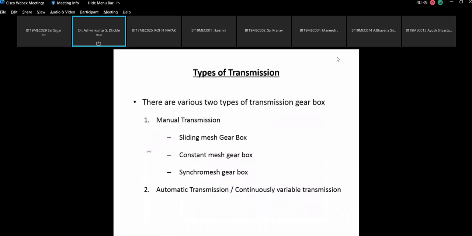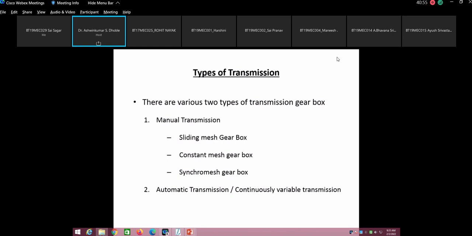Now, coming to the gearbox, we have got types of gearboxes. The first is the manual transmission, that is the sliding mesh gearbox. The other one is the constant mesh gearbox, and the third one is the synchro mesh gearbox.